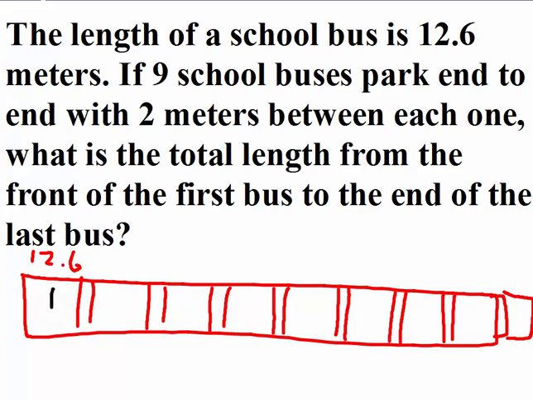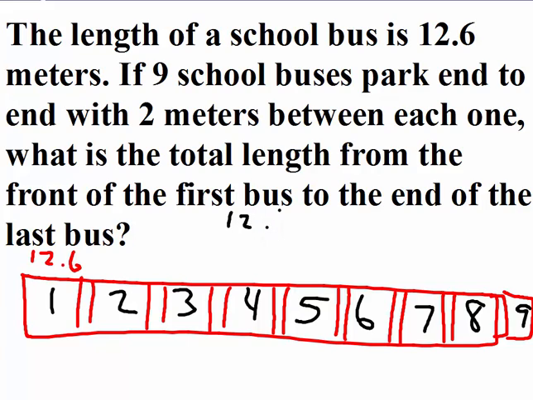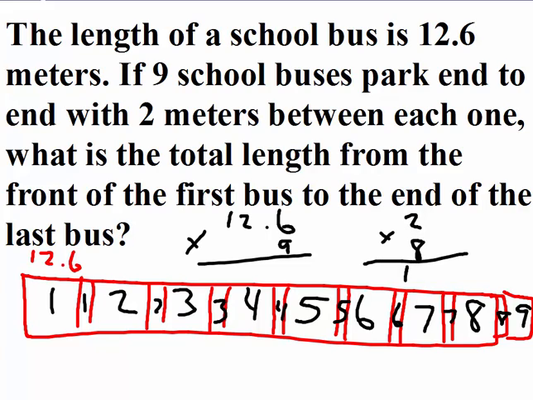So let's check. I have 1, 2, 3, 4, 5, 6, 7, 8, 9 school buses. So that's going to be 12.6 times 9. And I have 1, 2, 3, 4, 5, 6, 7, 8 gaps. So that's going to be 2 times 8. And then we'll add them together.